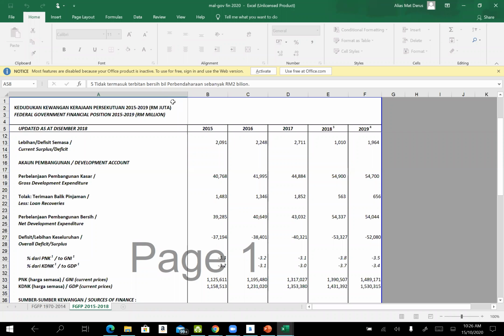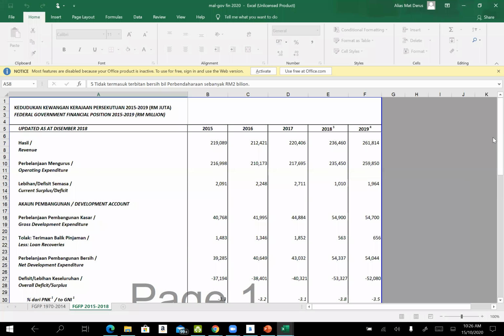Now, if you look at the revenue, go back to the GDP, the first table that I showed you. You look at the revenue for 2017, 2018, and then the operating expenditure, which you already looked at in a little more detail. You look at the development expenditure here.